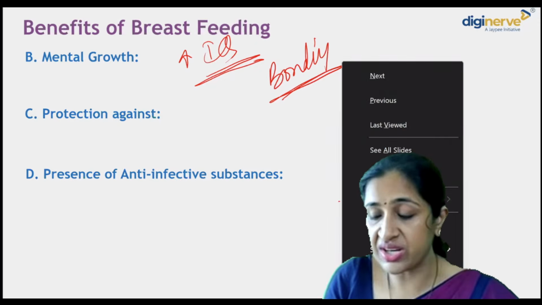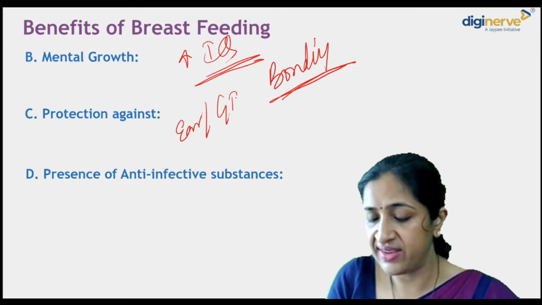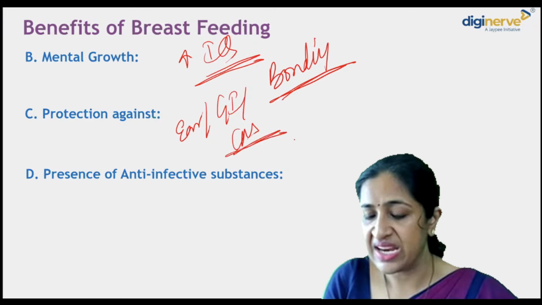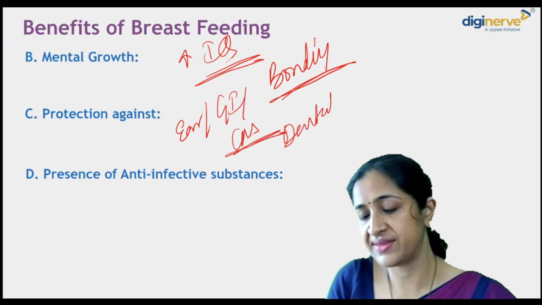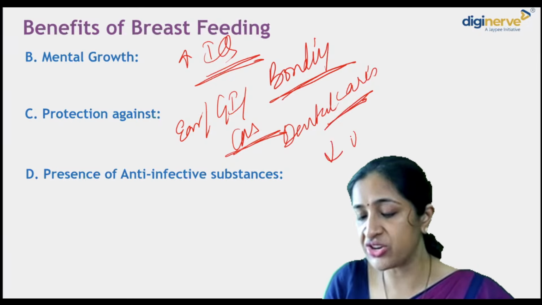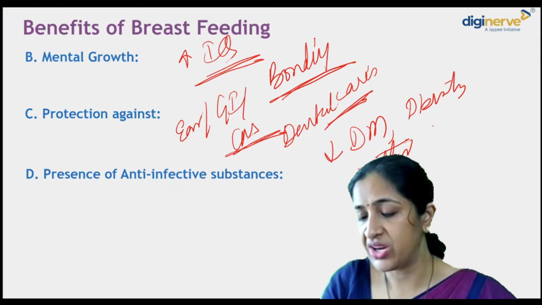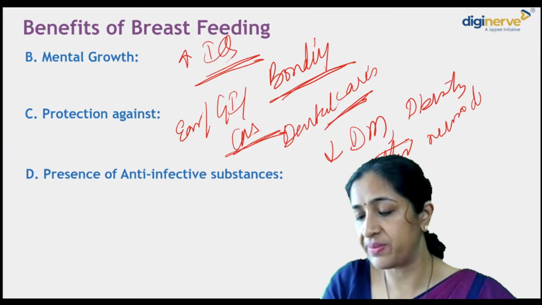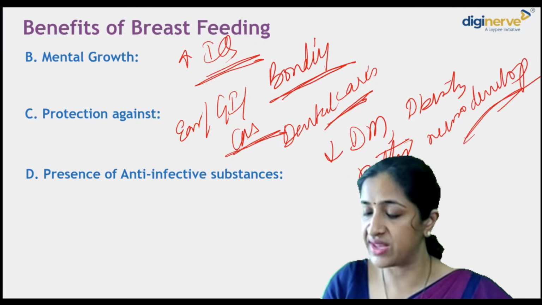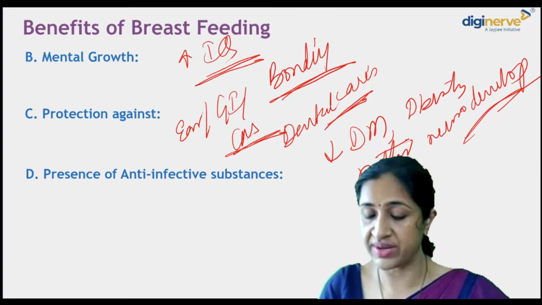There is protection against ear, GI, CNS infections, dental caries, all of it. Lower risk of diabetes, lower risk of obesity, better neurodevelopment. Lower risk of acquired heart diseases is also said.